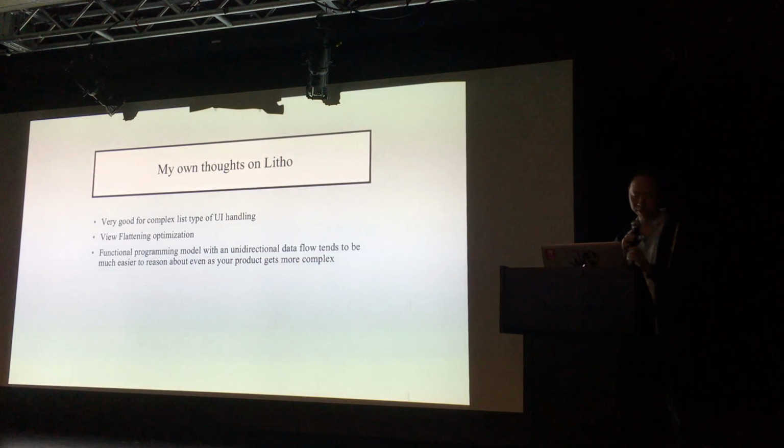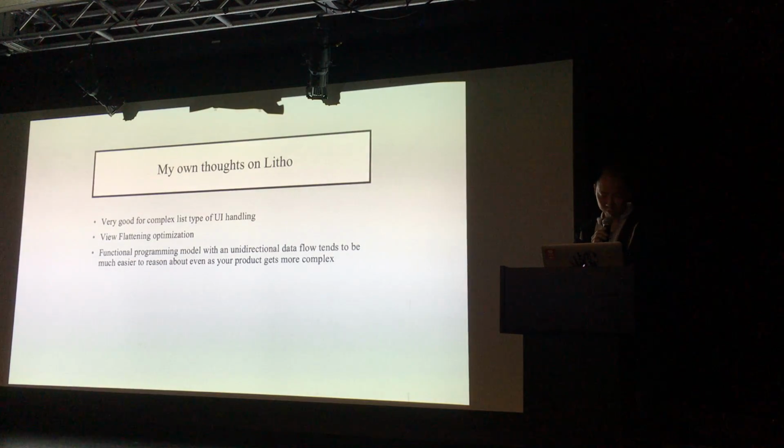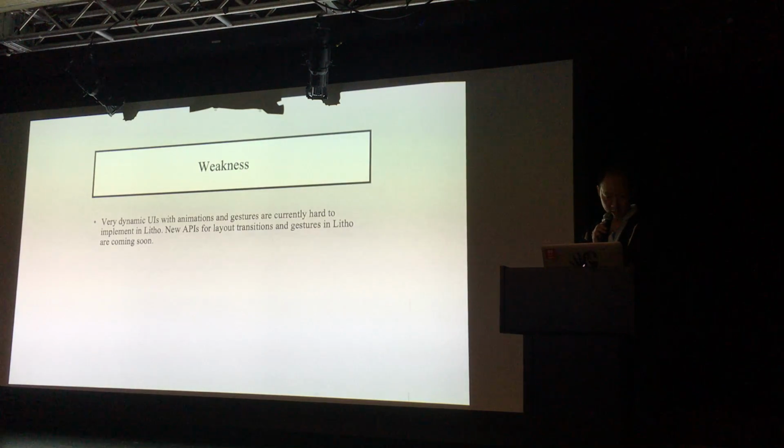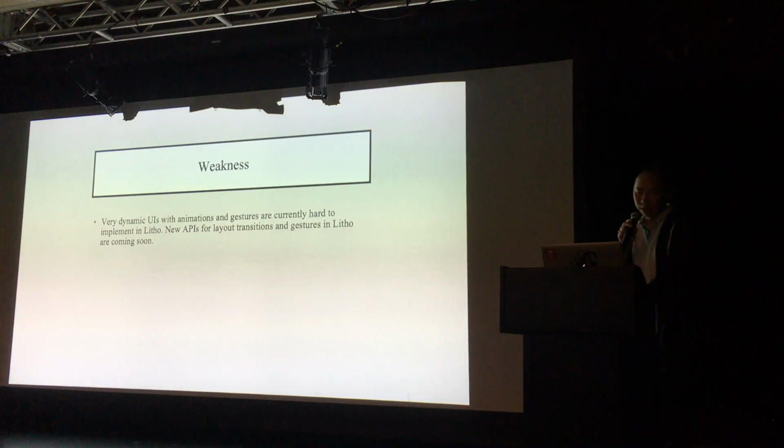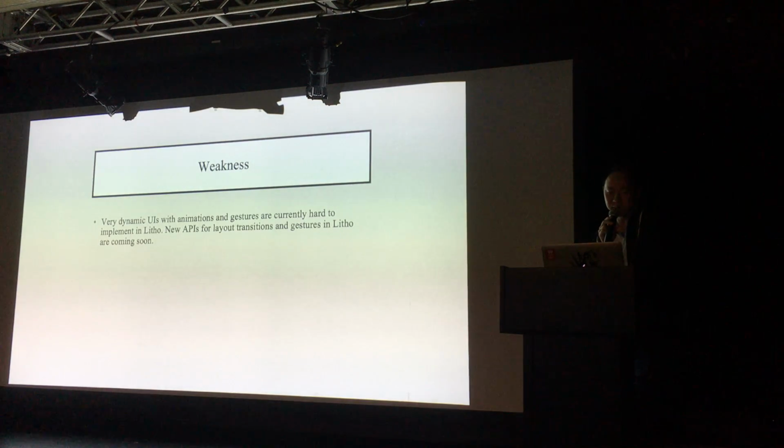So it will also be easy to test as well. Weakness. So per Facebook, very dynamic UI with animation and gestures are currently hard to implement in Litho right now. So it's coming, but not currently supported right now.